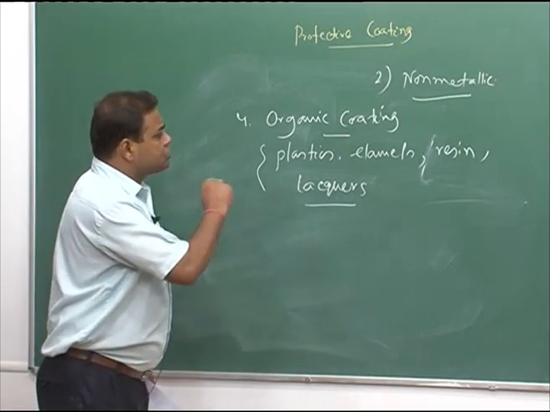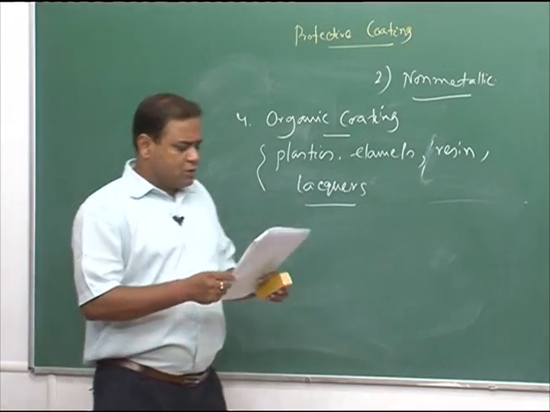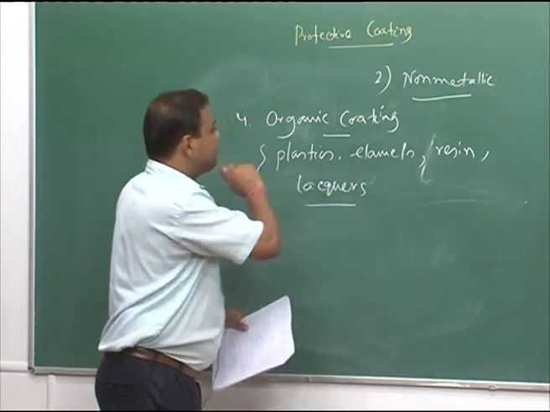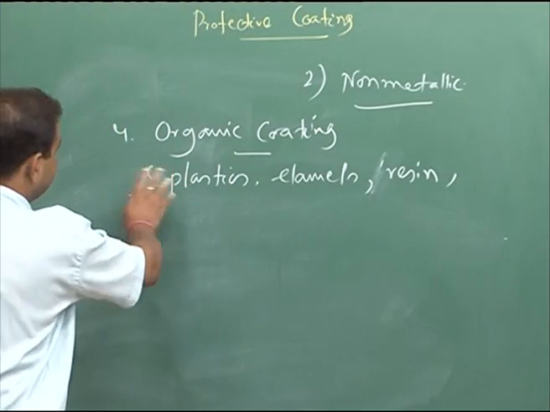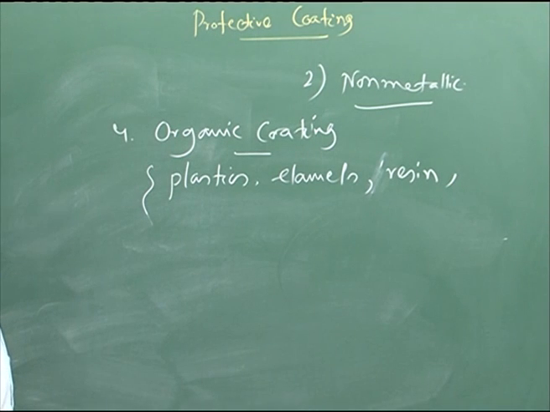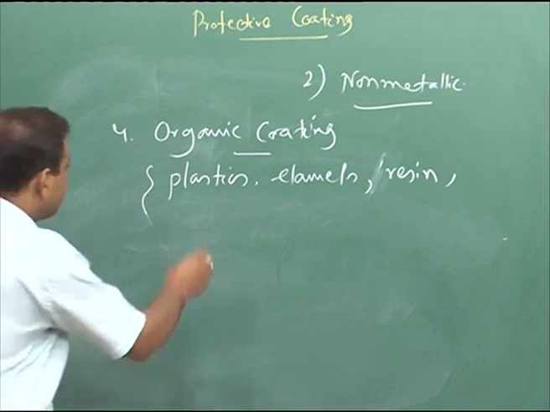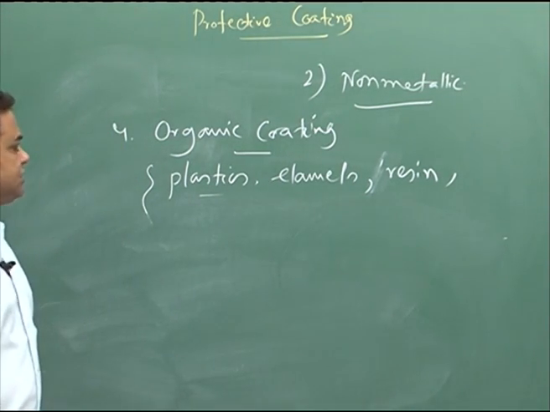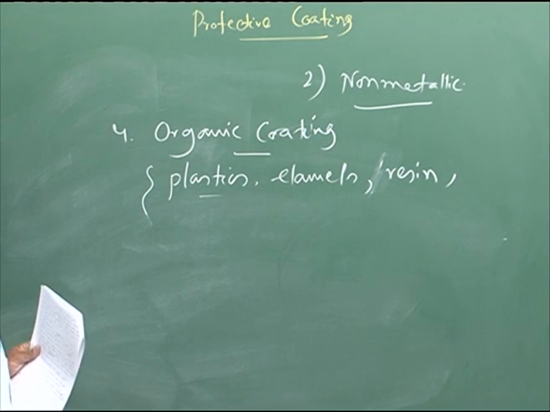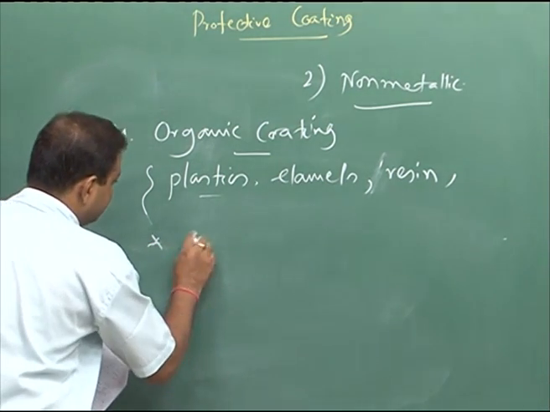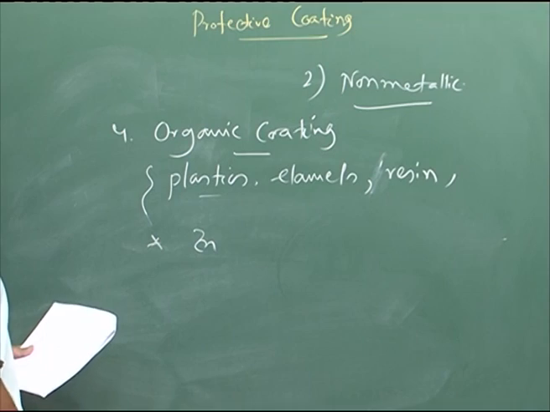And let me also come to the common failures associated with organic coating. We see that the high resistance of those organic coatings is one of the important issues. Sometimes inhibitors are added to organic coatings. Let us say sometimes we add zinc in the paint.